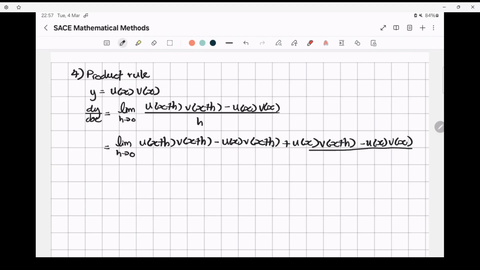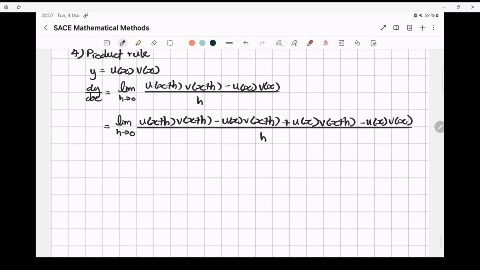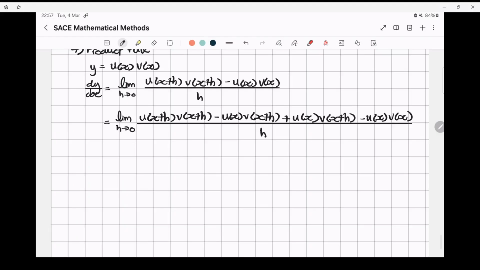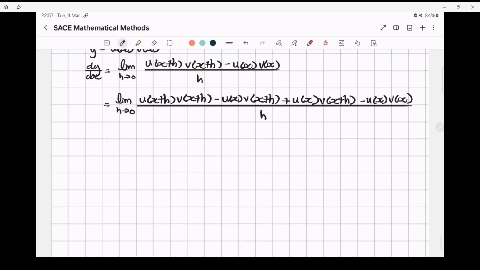It's quite easy to see the reason why I do that, because essentially I want to break down this particular limit into two parts.